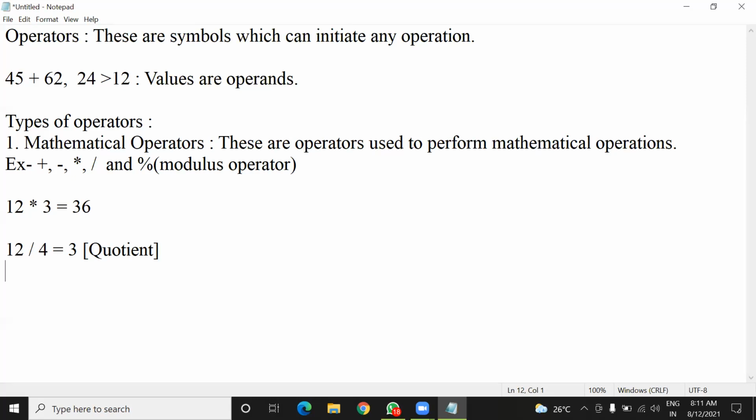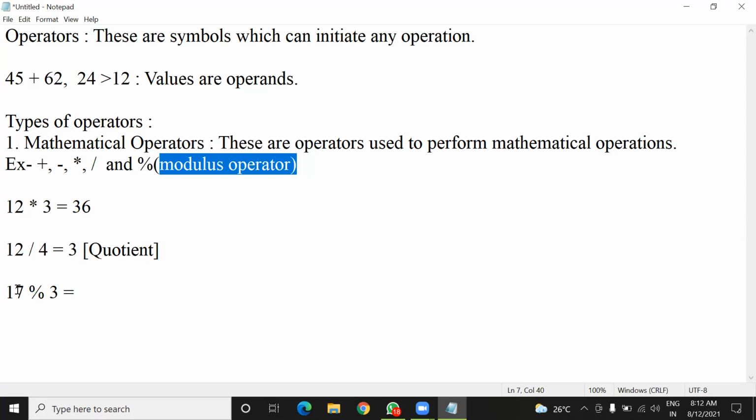Now the last one is the modulus operator, and this operator is used to find the remainder of the division.